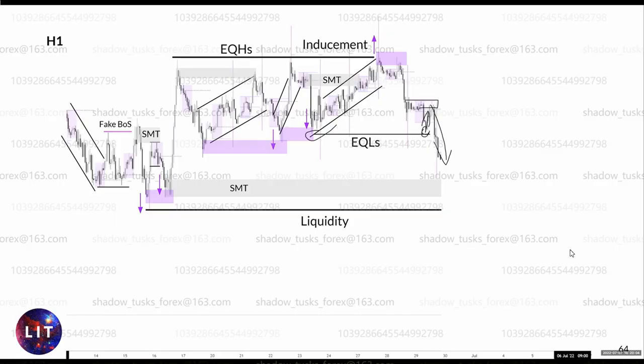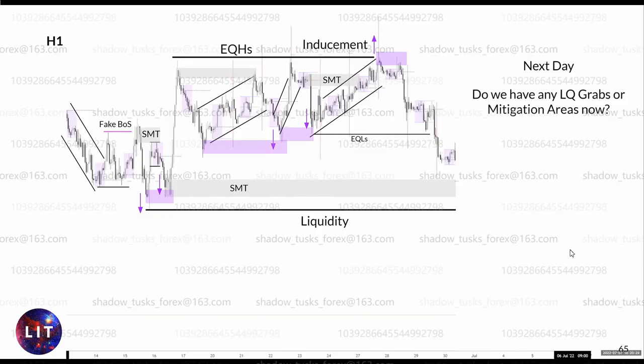Okay, perfect. So guess what? Next day, equal lows being grabbed. All right, but again, it happens very late. So now, very nice. Look what happens. Asia range. What's the inducement and what direction did it happen? First of all, we ask ourselves, do we have any liquidity grabs or mitigation in this stage? If you look to the left, maybe this one you would be like, is this one a medium inducement?